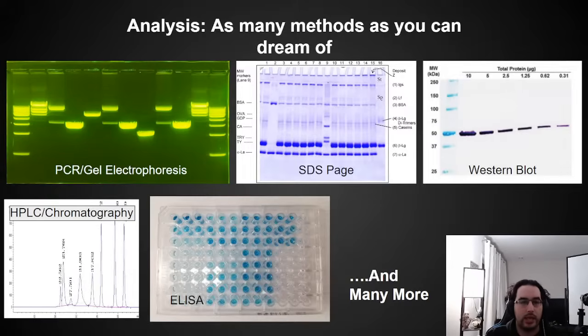So if you're looking at DNA and you want to see stuff about your DNA, be it is it the right size, or did you PCR a product of the correct size, or whatever, then you're going to be doing a gel electrophoresis. So this is basically you take a block of a special type of gel, and I've got a video on doing this if you want to see it. But you take a block of gel, it's got these little holes in it.